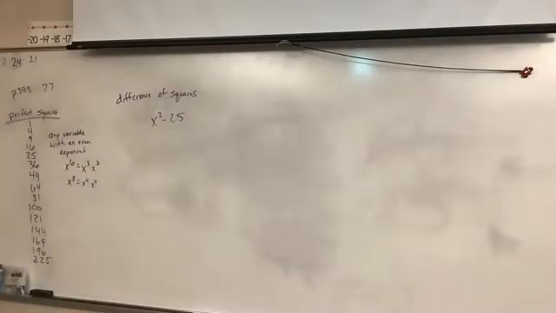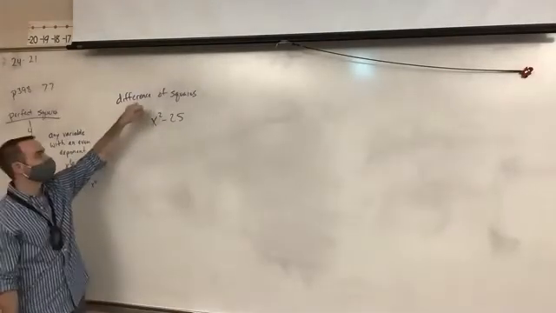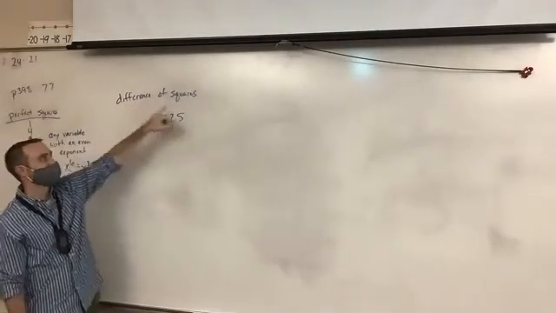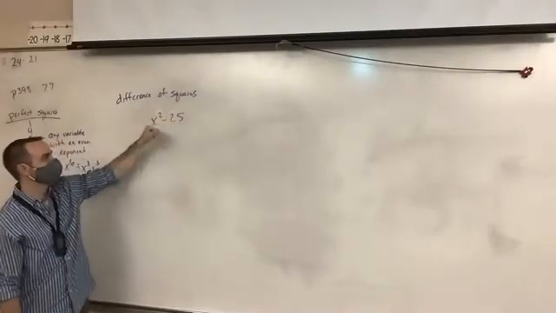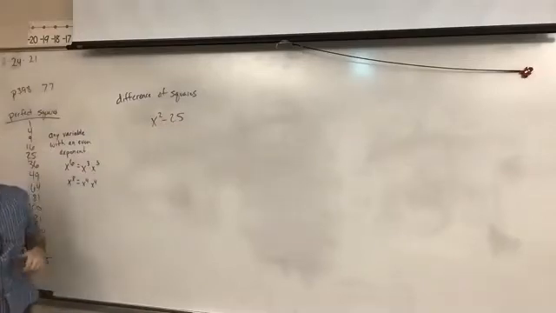And when we say squares, we mean perfect squares, because those are both perfect squares. X squared is a perfect square, 25 is a perfect square, and they are subtracted. Difference means subtraction. So anytime you see a subtraction problem with two perfect squares, this is what we're doing.